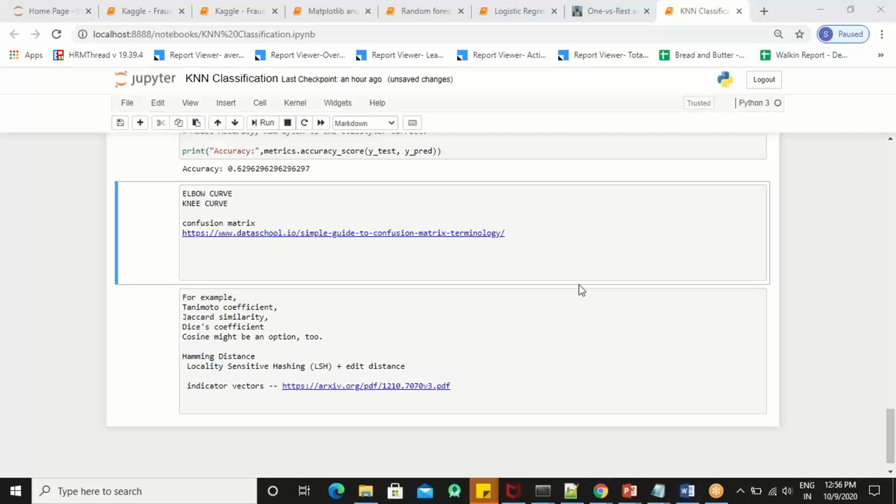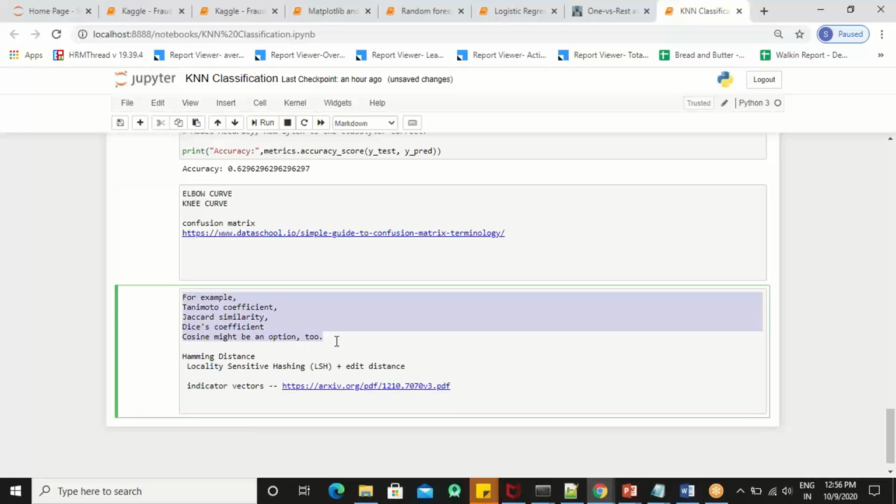Hamming distance, okay, Pragisha, good. Other than that? Okay. So all these which I'm showing on my screen, guys, are the possible options. I'll put this notebook also, the updated notebook with KNN classification.